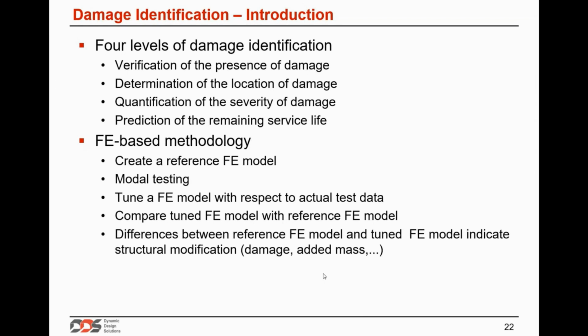The severity of the damage will require that you have also quantified the amount of change in terms of stiffness change, for example, telling you whether it is becoming dangerous. And then from there you can also do stress analysis and fatigue analysis to predict the remaining service life.